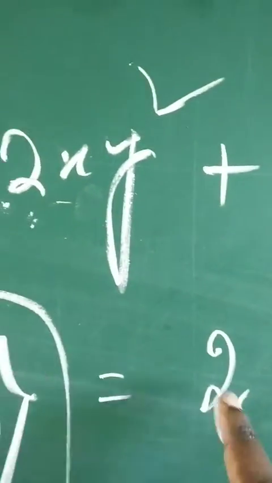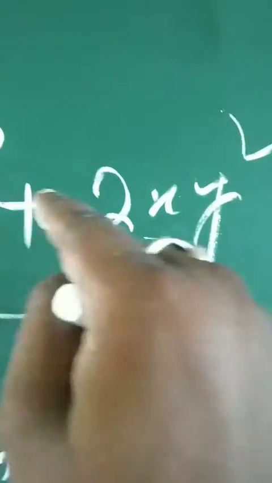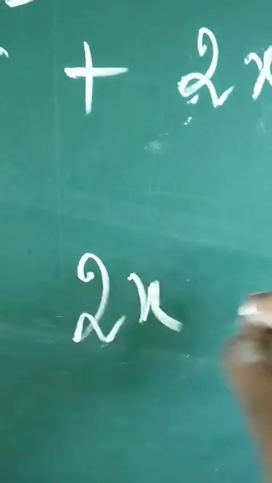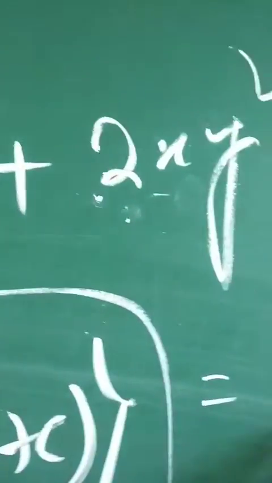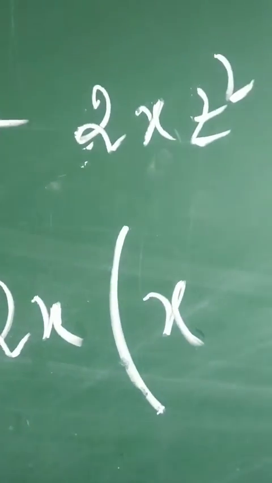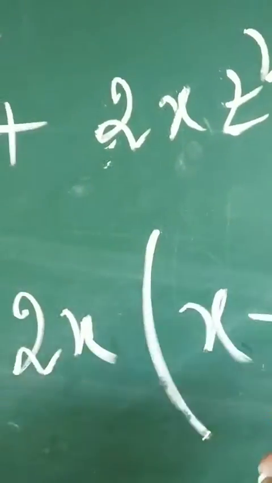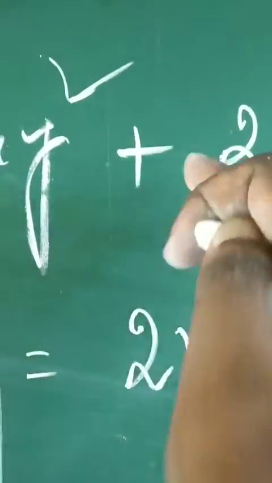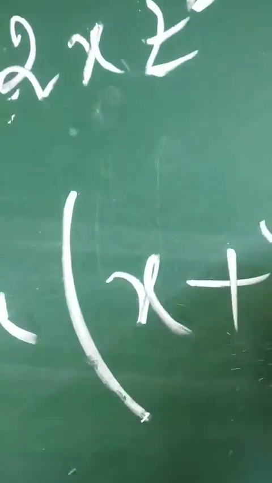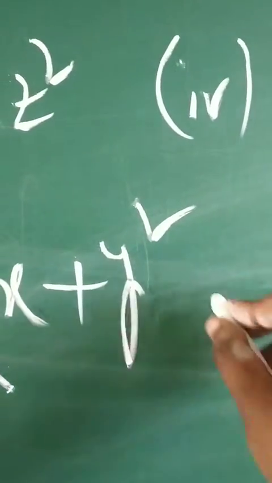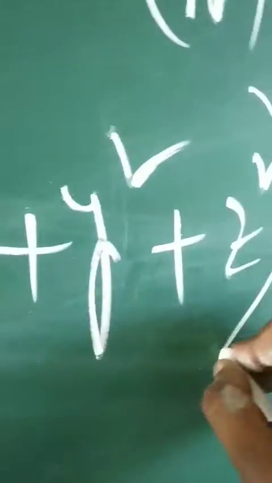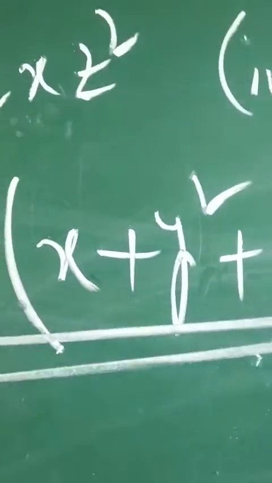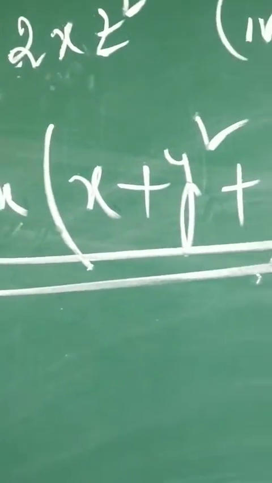One single x is available in all these 3 terms. So I can take away one x. What will be left? From 2x cube, 2x is out, only x square is there. Plus, from 2xy square, 2x is out, so only y square is left. Plus, 2x is out, only z square is left. This is my answer. I cannot factorize it further.